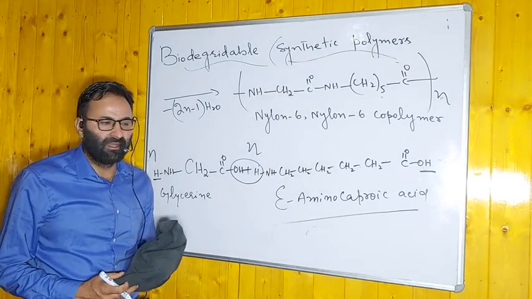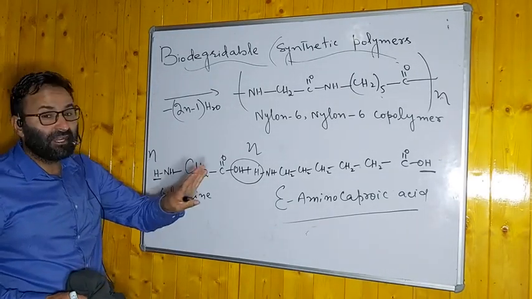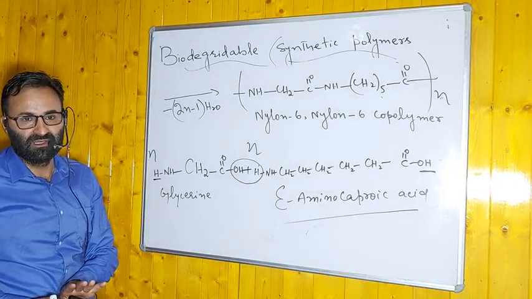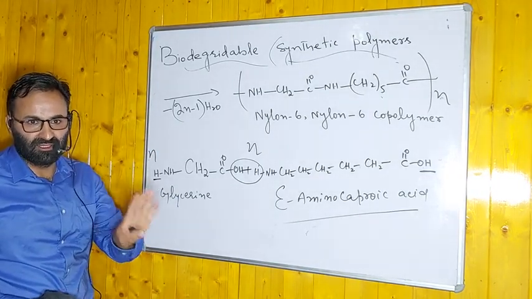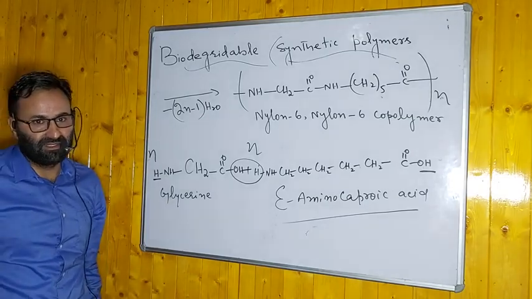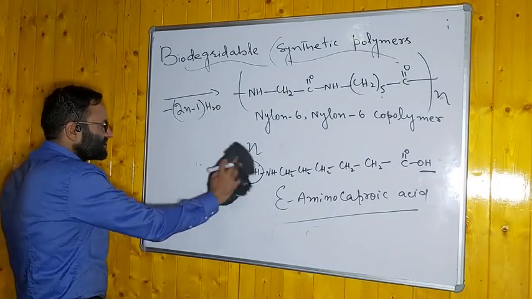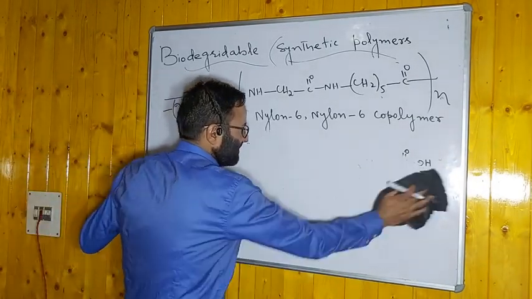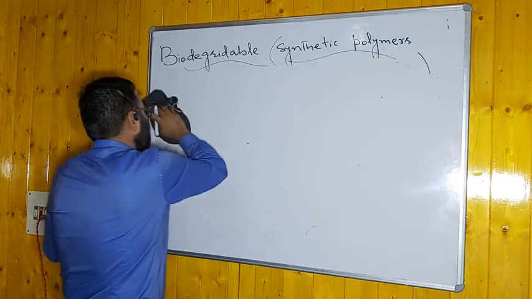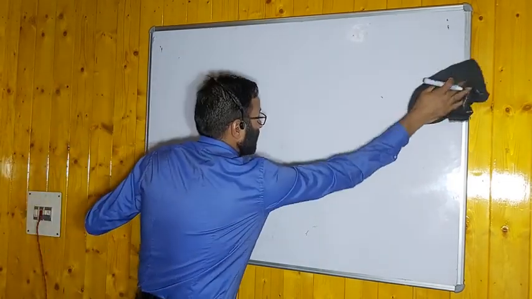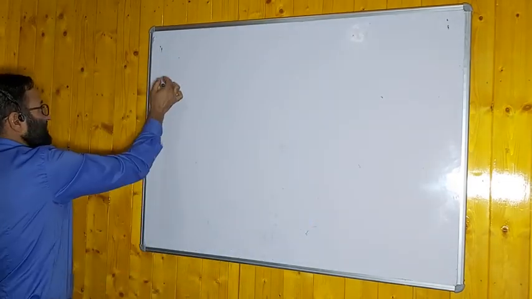Remember this point. Hence nowadays we try to synthesize synthetic polymers, but they should be biodegradable in nature. This was the last important topic of polymers, but here I will mention another important topic. Remember this point, that is stereochemistry.